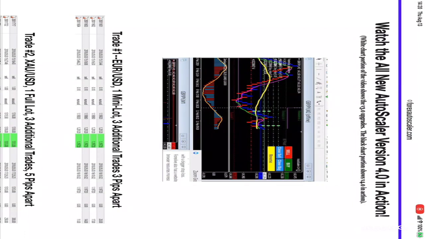But we're above everything on the 15, and that bodes well too. But with a tight stop like this, there's not a lot of margin for error.